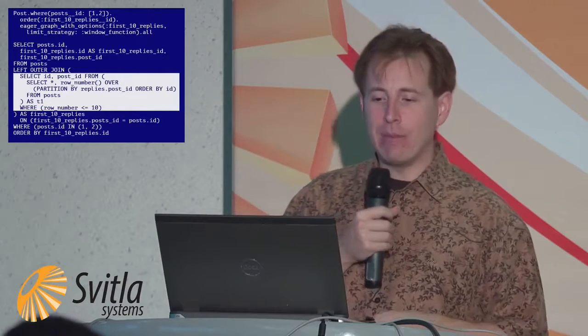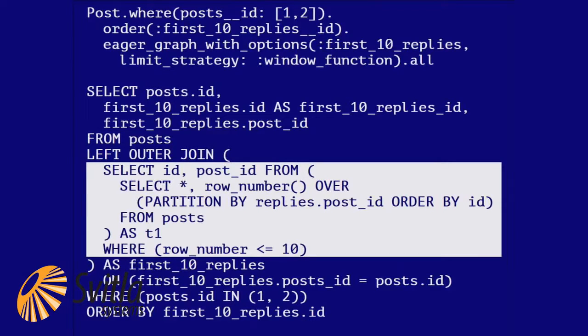Now you can also use a window function for eager loading limited associations via joins. And this SQL query implements a window function strategy for eager loading via joins. It's similar to the approach used in the correlated subquery strategy. The main difference is that the subquery uses a row_number window function instead of a correlated subquery.